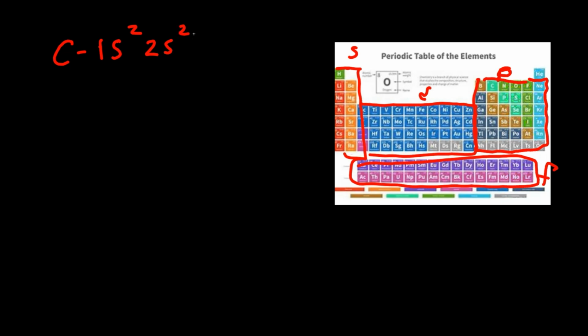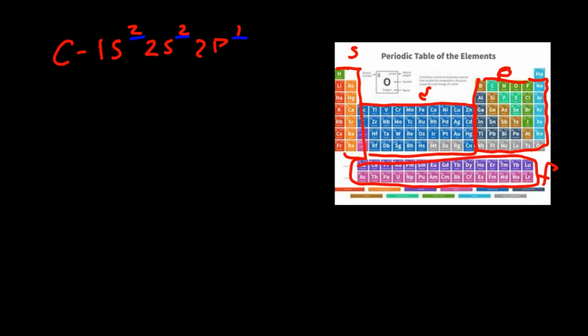Next would be boron. Boron is in the P block, which is in the second row, and we have only 1 additional electron. As you can see, the superscripts, 2 plus 2 plus 1 is 5, and 5 is the atomic number for boron.